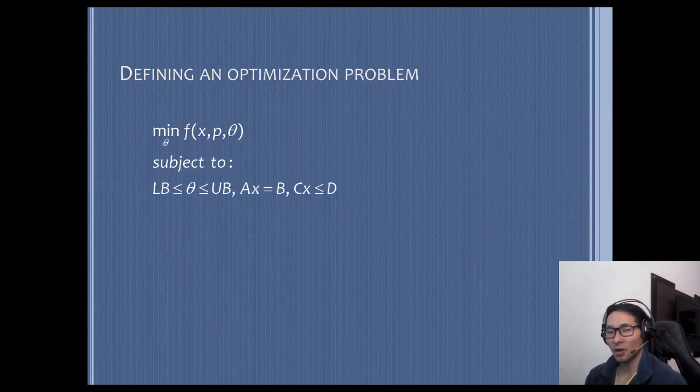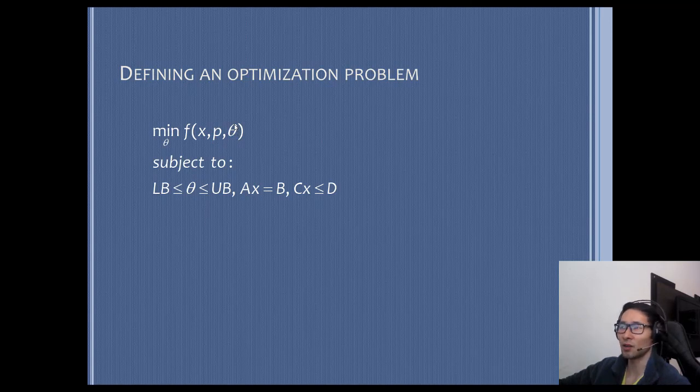Now, optimization problems are usually defined by this set of equations. So we usually want to minimize an equation or a set of equations that is a function of an independent variable, parameters, and what we call here the decision variables of the optimization problems.